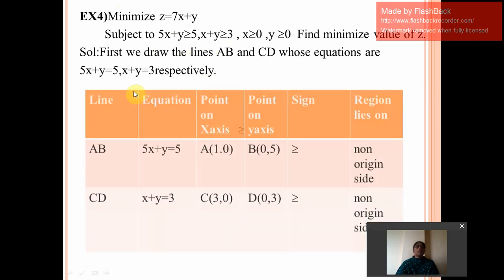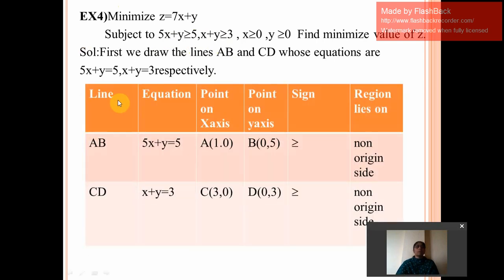Draw a table. First column line equation, point on x-axis, point on y-axis, sign, region lies on. First line AB, second line CD, and the equations are 5x plus y is equal to 5 and x plus y is equal to 3.